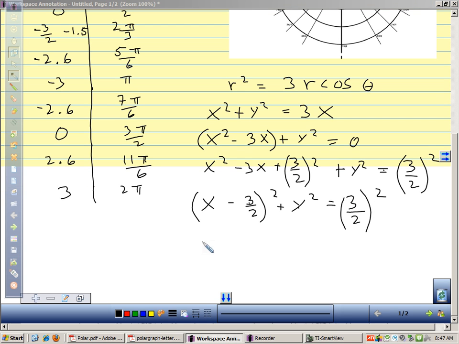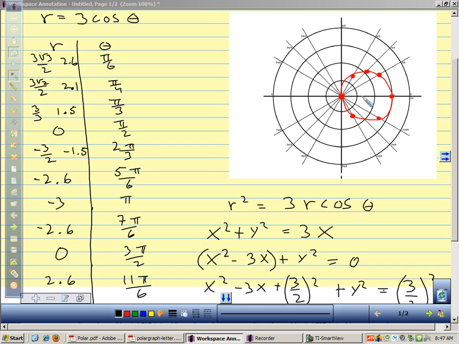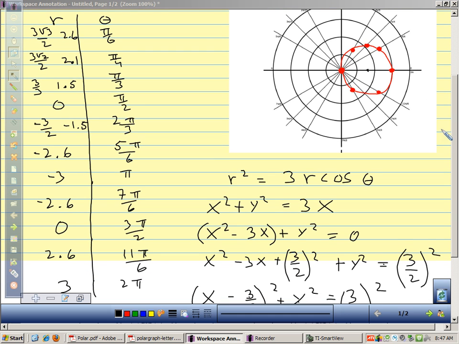And then I'm just going to rewrite this as x minus 1.5 squared plus y squared equals 1.5 squared. So we have a circle centered at (1.5, 0) with a radius of 1.5. So here's my circle. Center is here at 1.5, and its radius is 1.5. So that's how this turns into a circle.